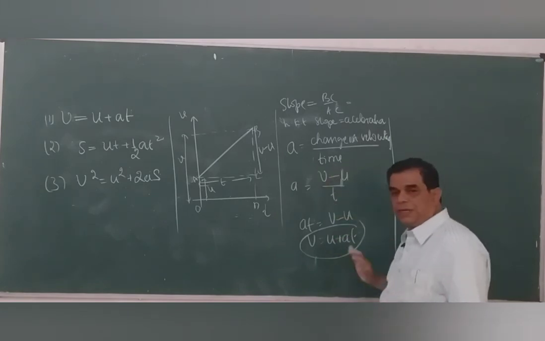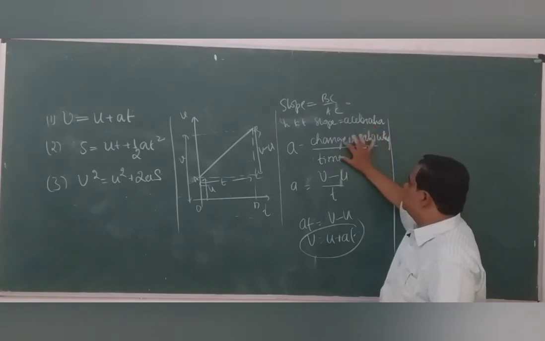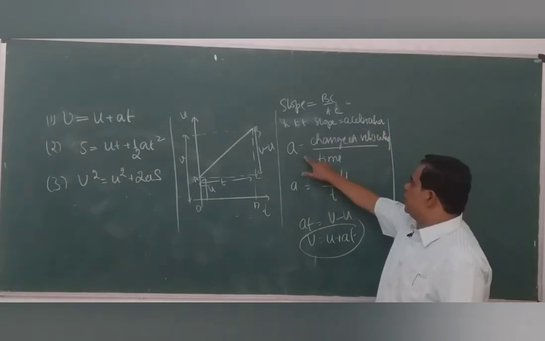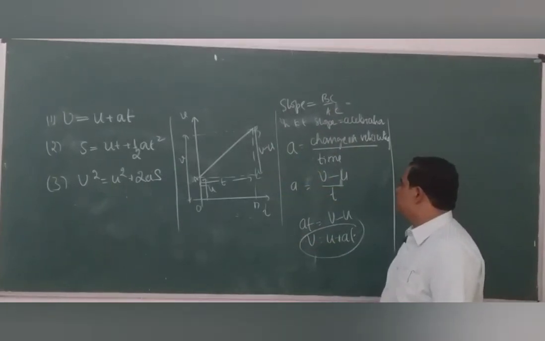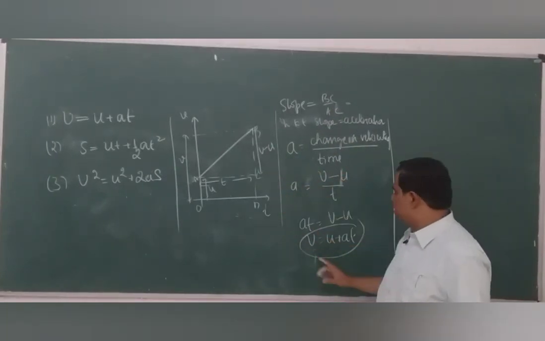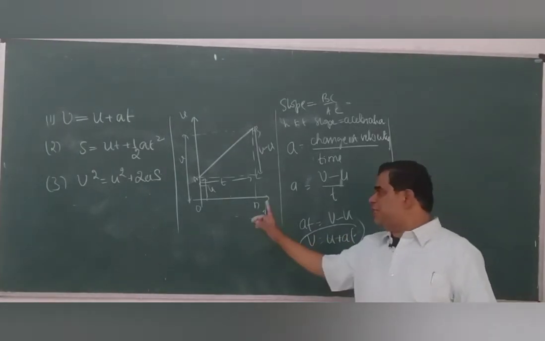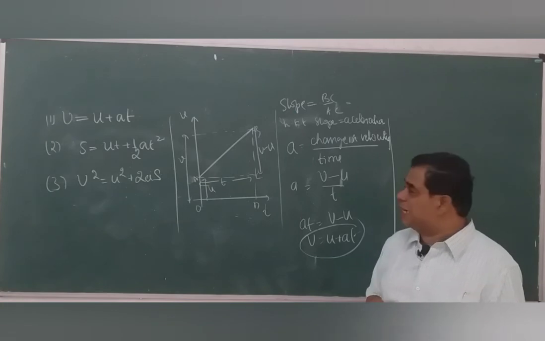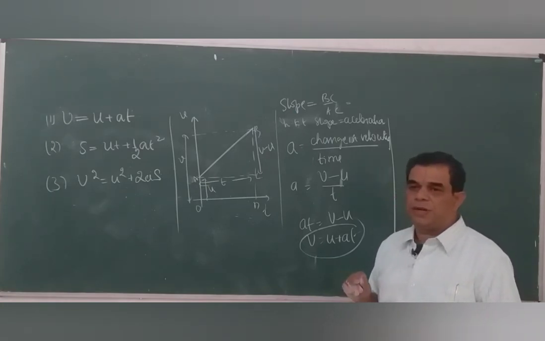So we have proved it like this. Slope BC by AC, change in velocity in the graph, BC is nothing but change in velocity V minus U, divided by time taken, we got this. So this is the first derivation. We need to use the same graph for the second derivation, S equals ut plus half at square.